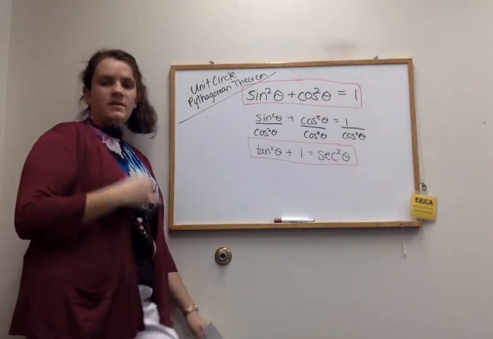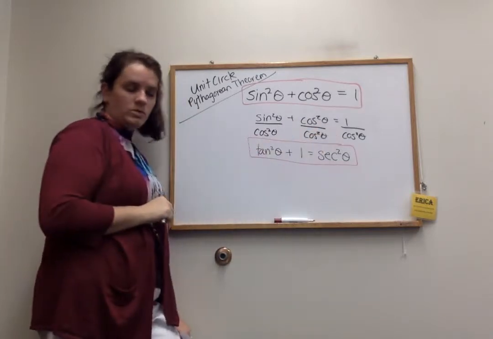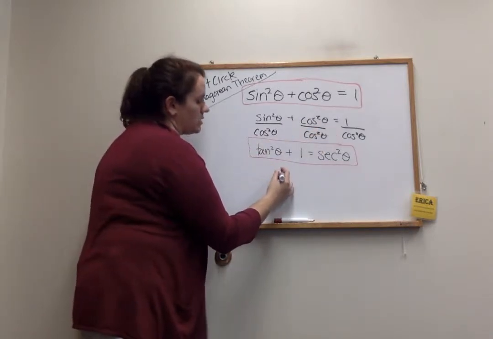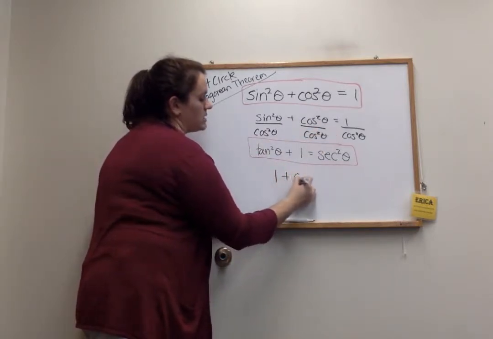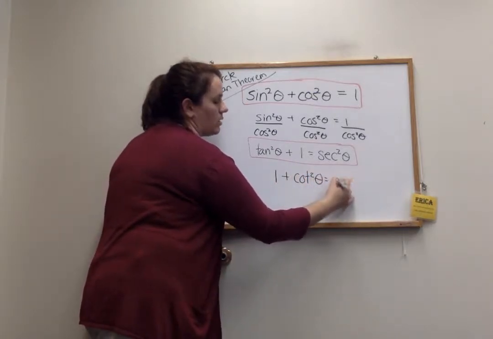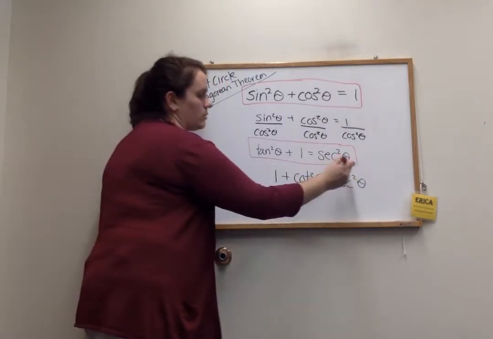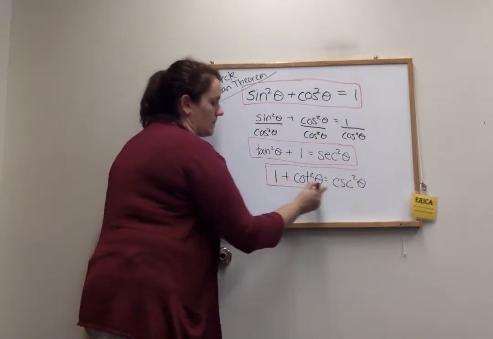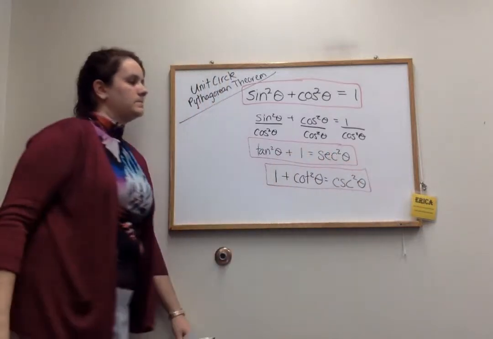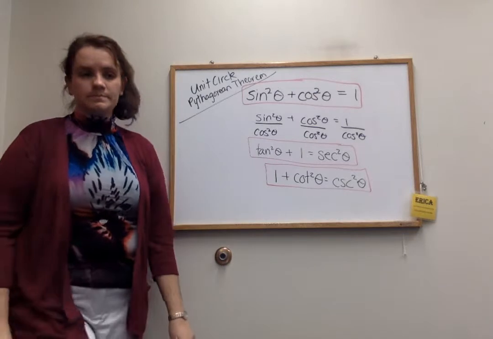The third one is very similar. It just comes from dividing everything by sine instead of cosine. But what you get is 1 plus the cotangent squared is equal to the cosecant squared. And those are your 3 Pythagorean identities.